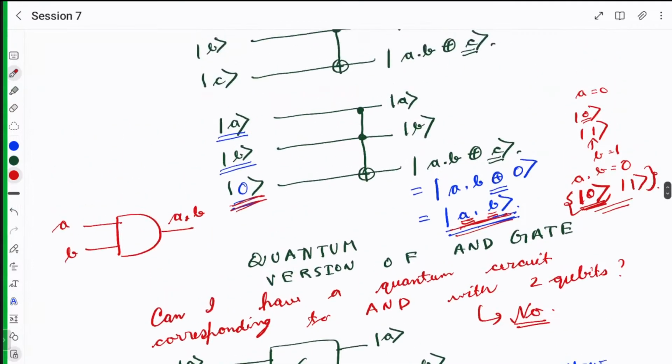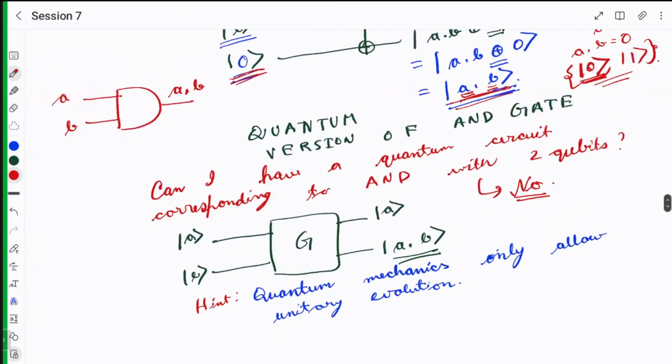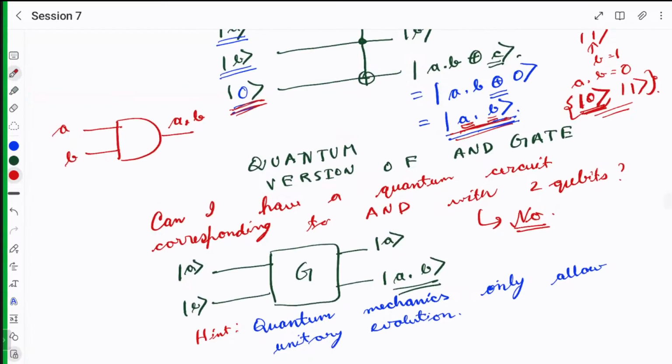Yeah, you are going in the right direction, and it has something to do with norm. That is true, but it's not that A into B will not be normalized.